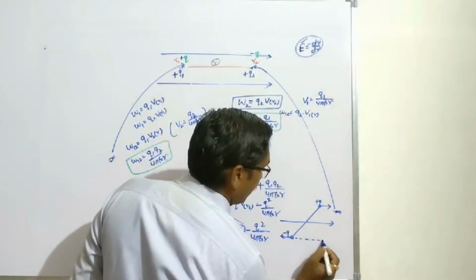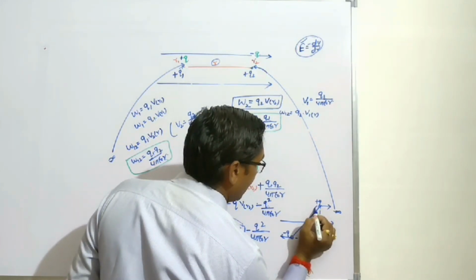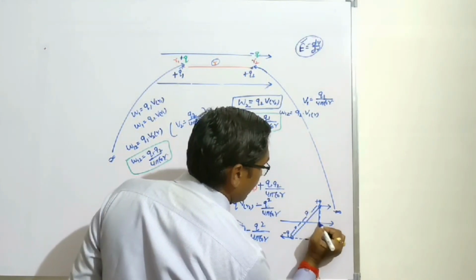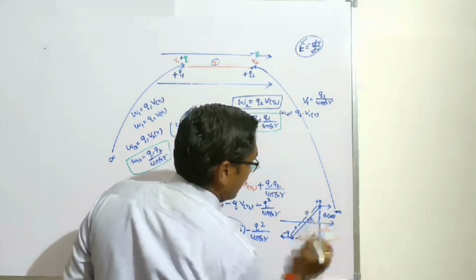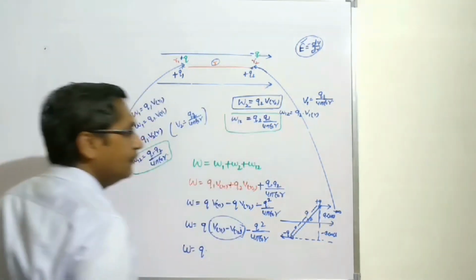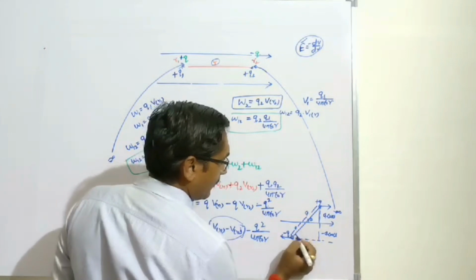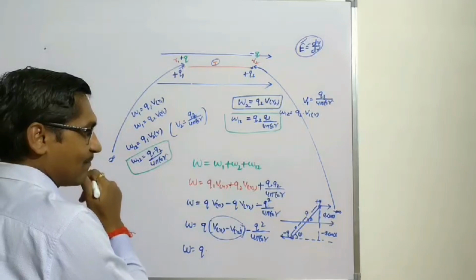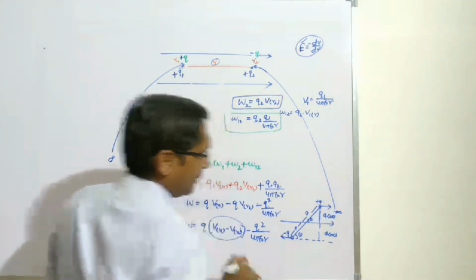That's why the separation between them is here: this is A cos theta, and this is also A. So this distance is A cos theta, positive, and this distance is also minus A cos theta. Then the separation between them, suppose this is theta, the whole is 2 theta, so A plus A, which is 2A cos theta.